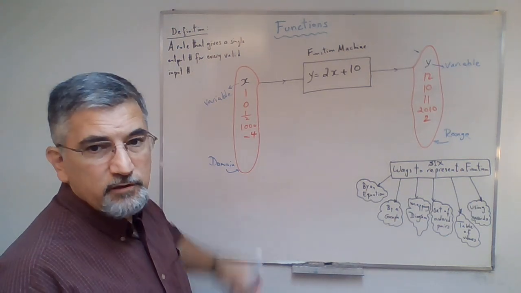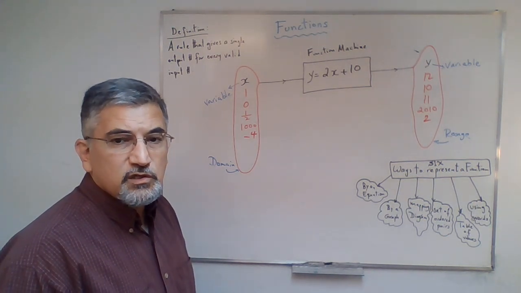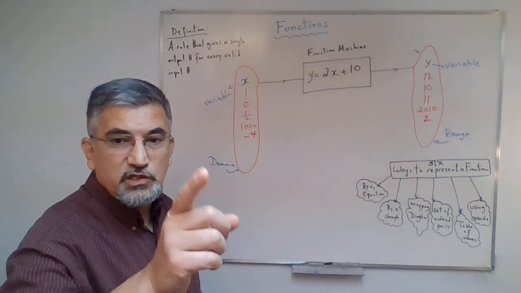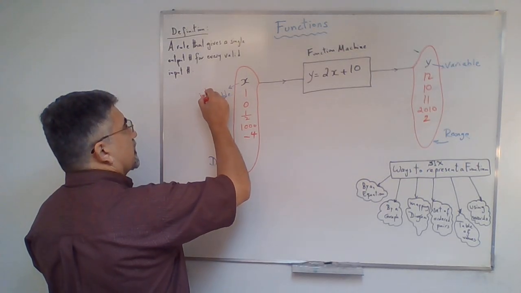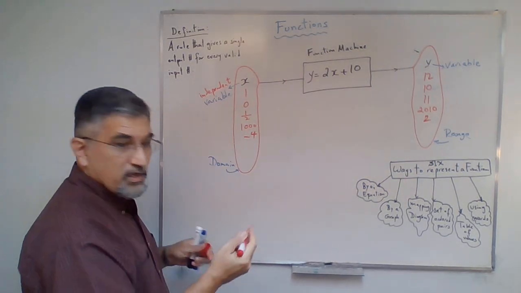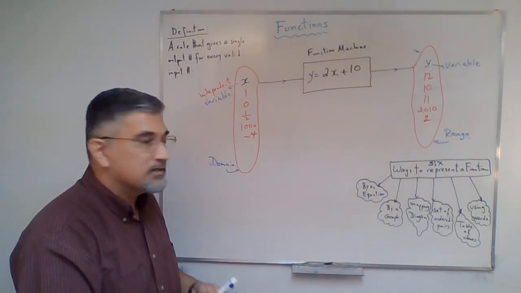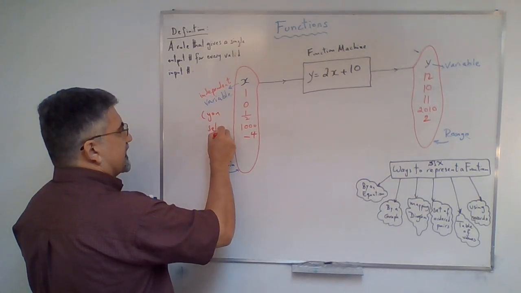What name is good in your opinion to give to this variable? Okay, you got it. Independent variable. That's a good suggestion. Independent variable. Why? Because you selected these values independently, right? So I put down here, you select.